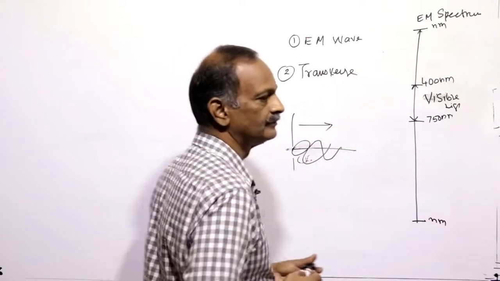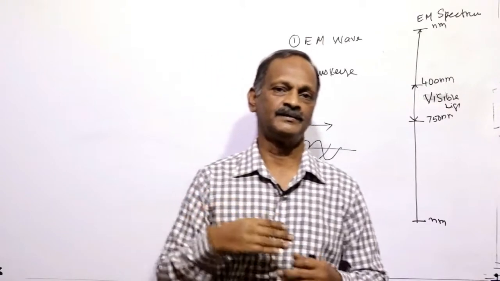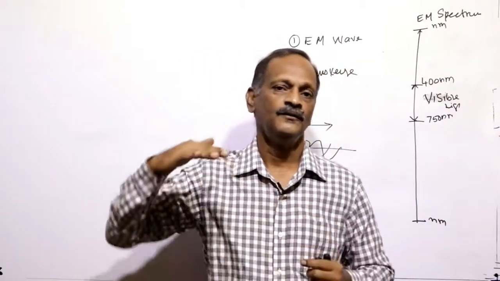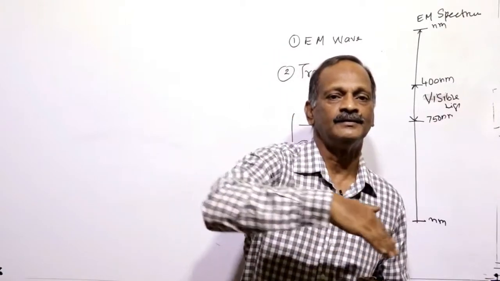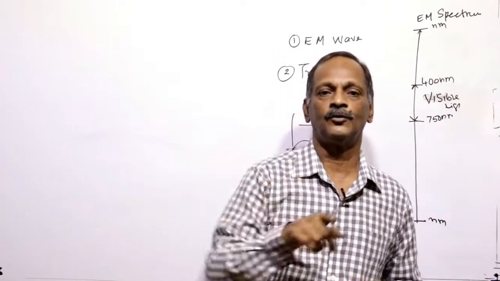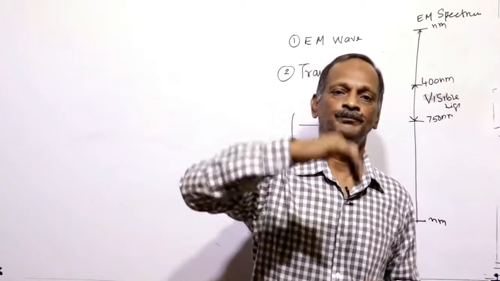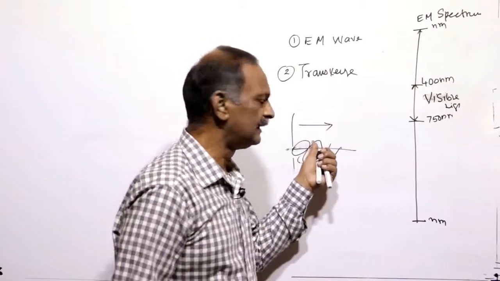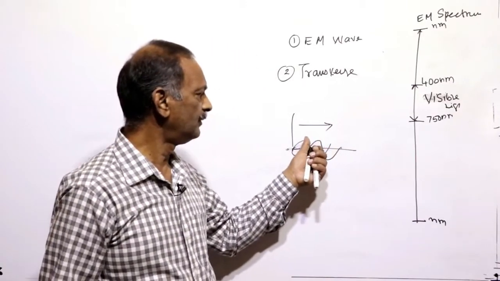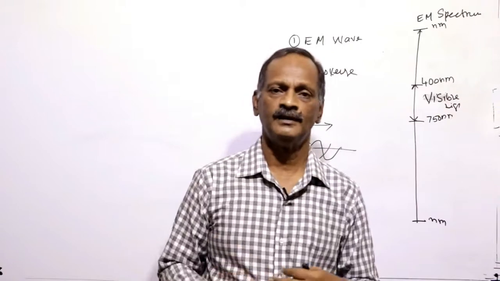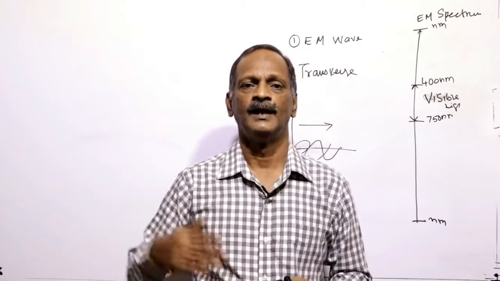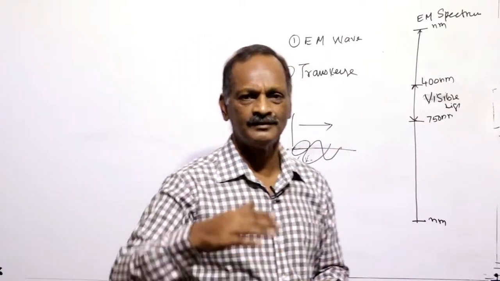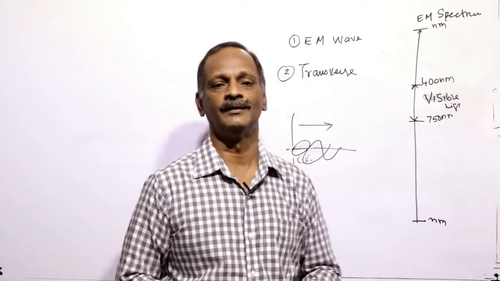The direction of propagation, meaning the direction of travel of the wave, will be perpendicular to both the electric and magnetic fields oscillating. So further in detail you can study from electromagnetic waves.